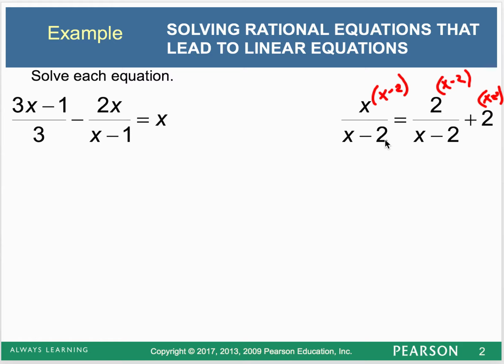Okay, so right here, the x minus 2's can cancel, and all that's going to be left is just that x. Here also the x minus 2's can cancel, and all that's left is the 2. But then here I have 2 times x minus 2 because that cannot cancel.